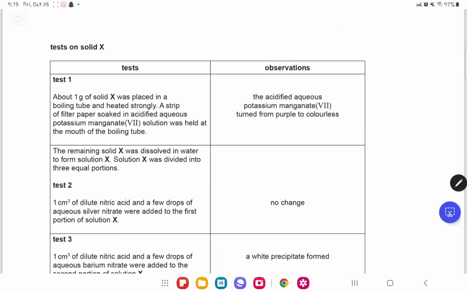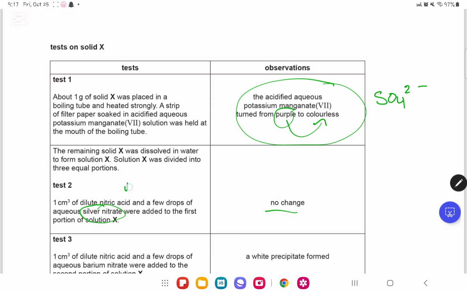Now the tests on solid X. The acidified aqueous potassium manganate turned from purple to colorless. So remember, anytime we are dealing with potassium manganate turning from purple to colorless, that means we have the ion SO3 2 minus. Okay, they added silver nitrate, there was no change.